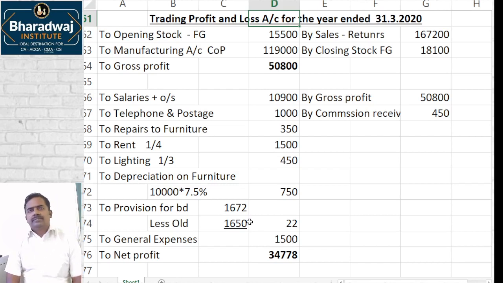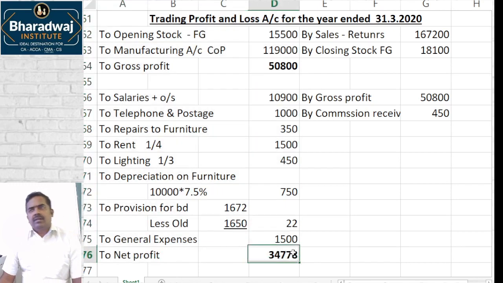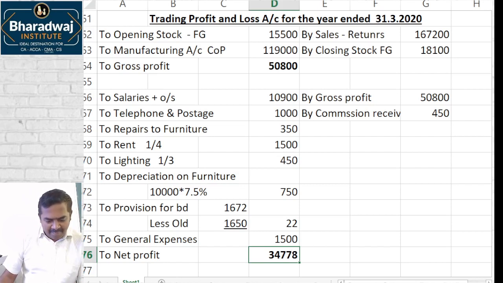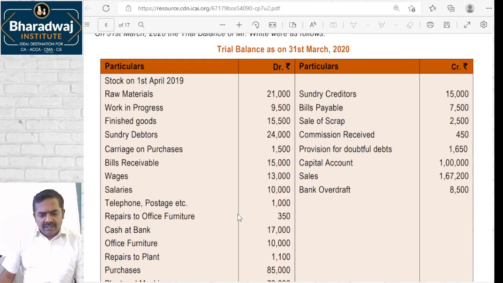Now you are going to prepare the balance sheet. Look at the trial balance as it is.